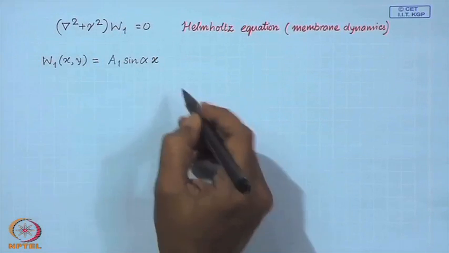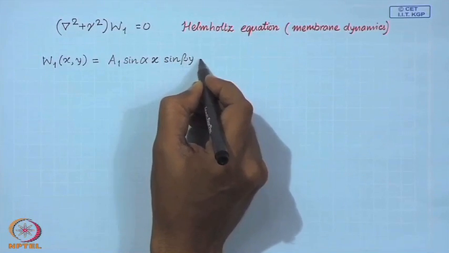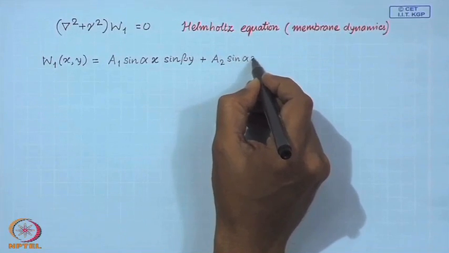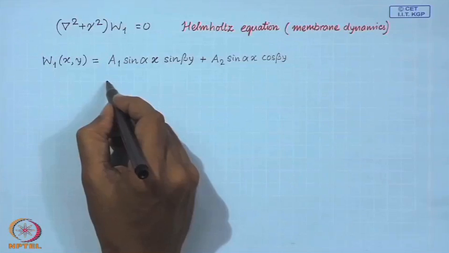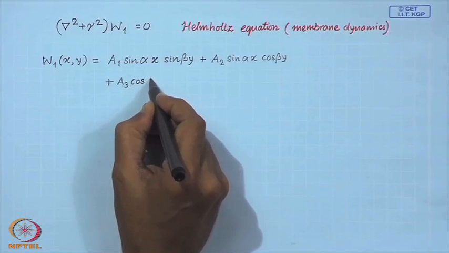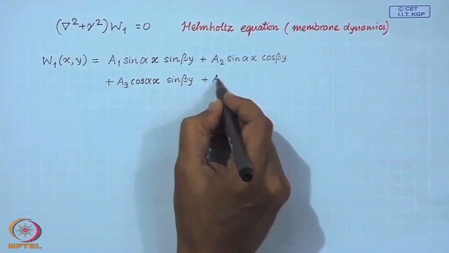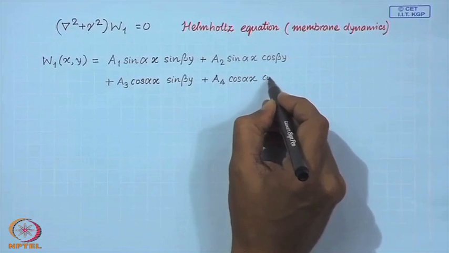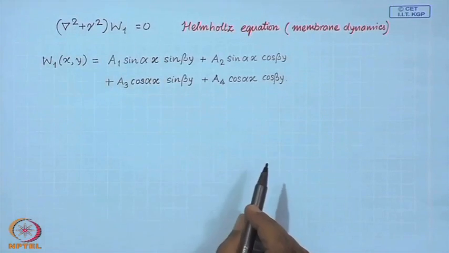So, the general solution of this differential equation is, so that is the general solution of the Helmholtz equation.